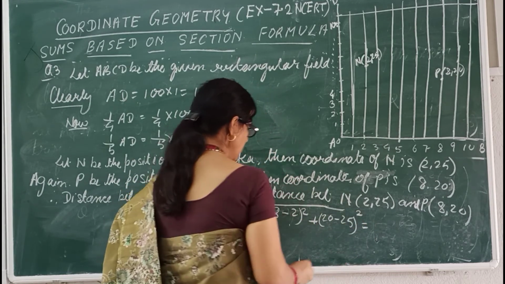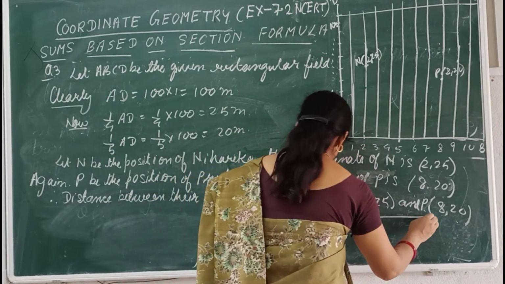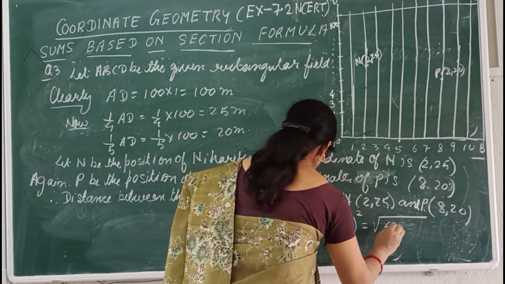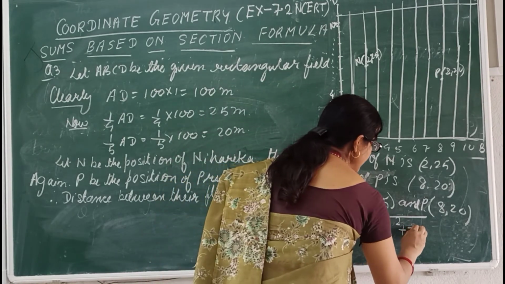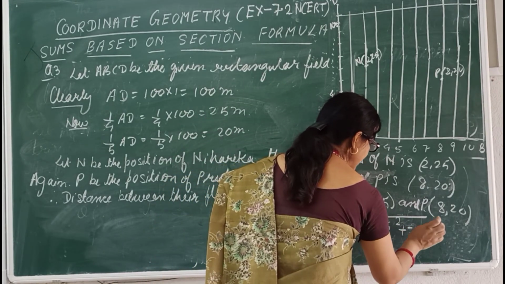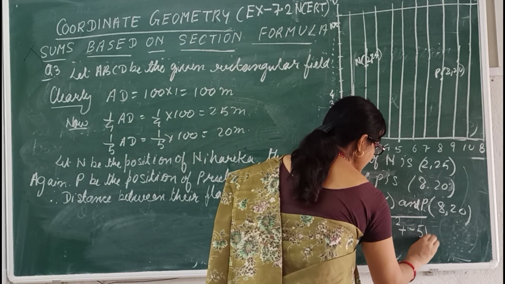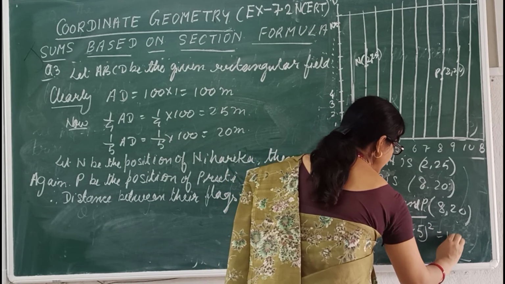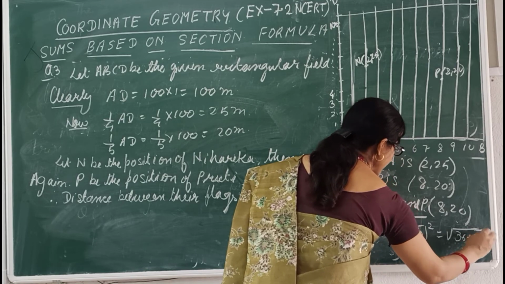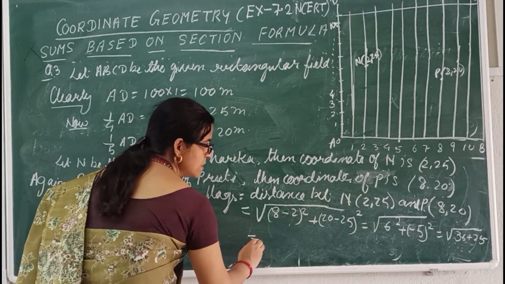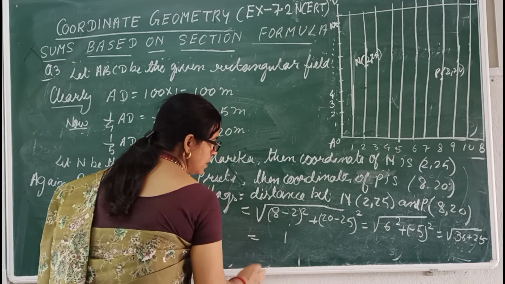So this will be equal to how much, children? 8 minus 2 is 6, so 6 square. 20 minus 25 is minus 5, so minus 5 square is 25. So let us write in the next step. This will be equal to 36 plus 25, which is 61.